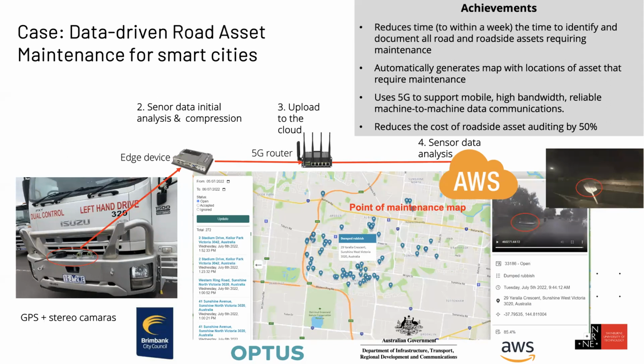We use 5G to support mobile, high bandwidth, reliable machine-to-machine data communication. And the outcome of this project is to reduce the cost of roadside asset auditing by 50%, which is a huge percentage.